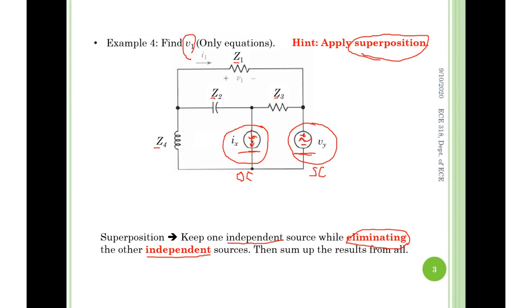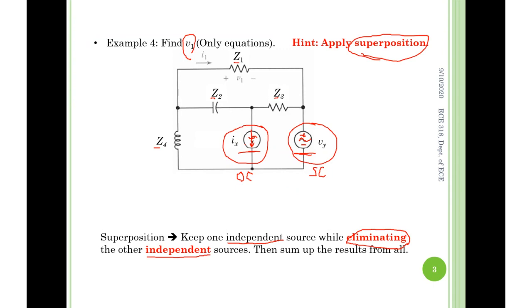Just recall, what is the voltage across a short circuit? Nothing but 0. Then what is the current through an open circuit? 0, too. This is why we short the voltage source and open the current source, respectively.